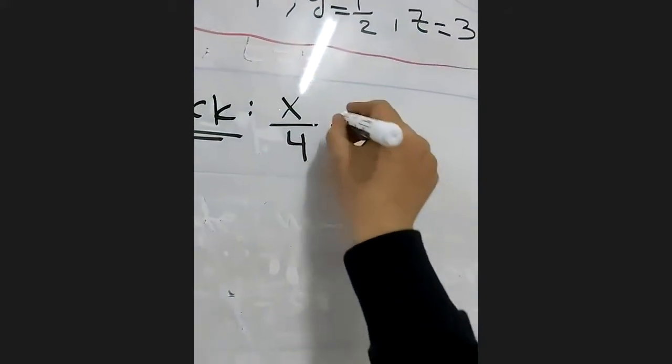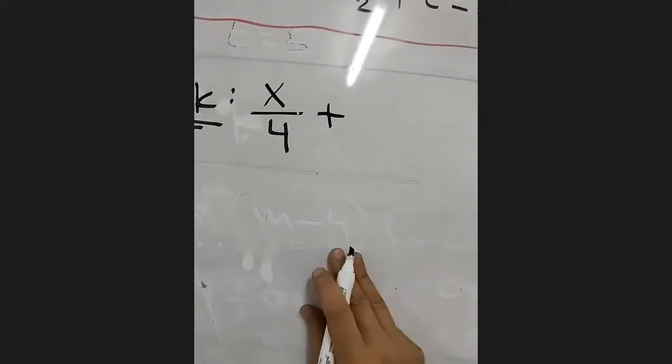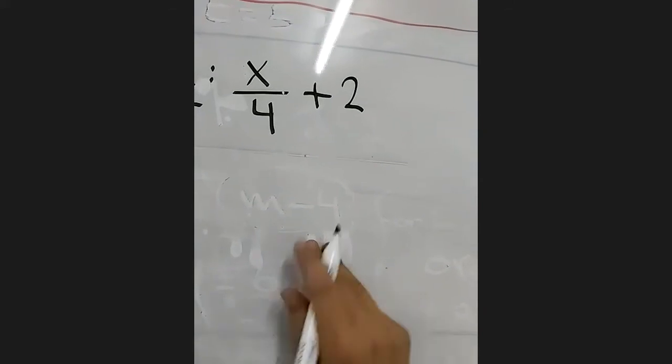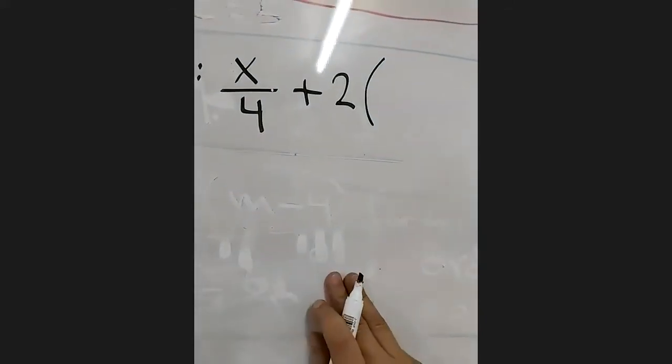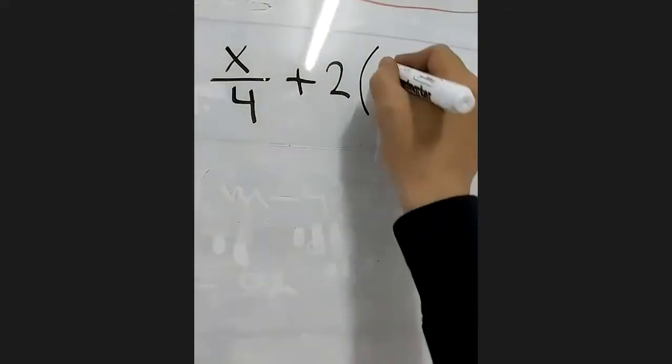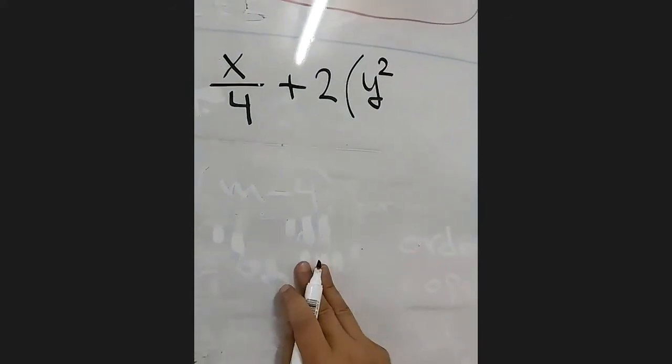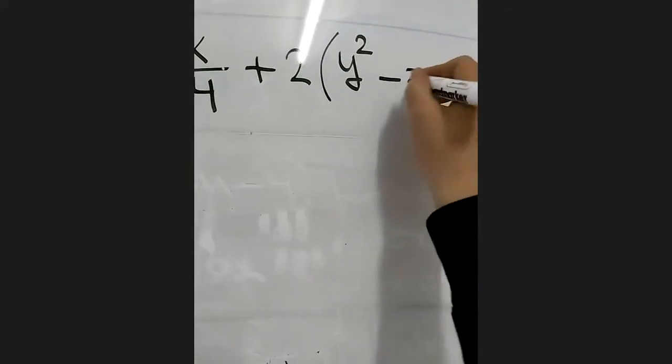Plus 2, then brackets, then y to the power 2, minus 3z.